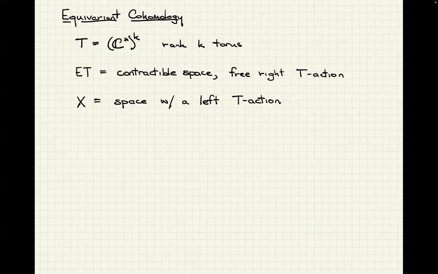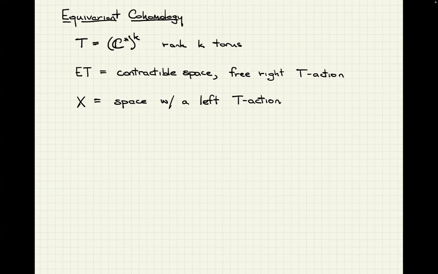So we'll talk about torus equivariant cohomology. So we're going to think about a rank k torus, C star to the k. That object is topologically a torus. And we're going to think about a contractible space, ET, which carries a free right action of T. So such a space, ET, can be constructed.